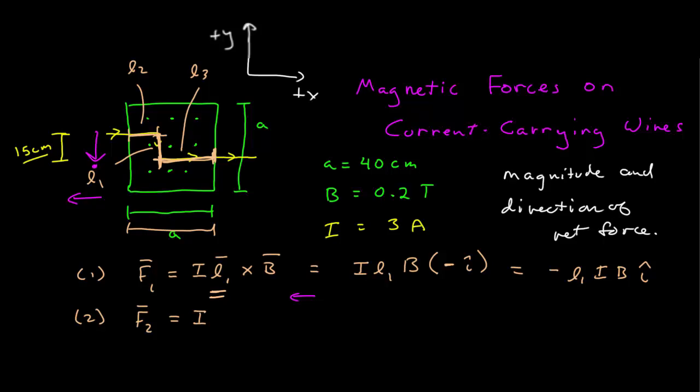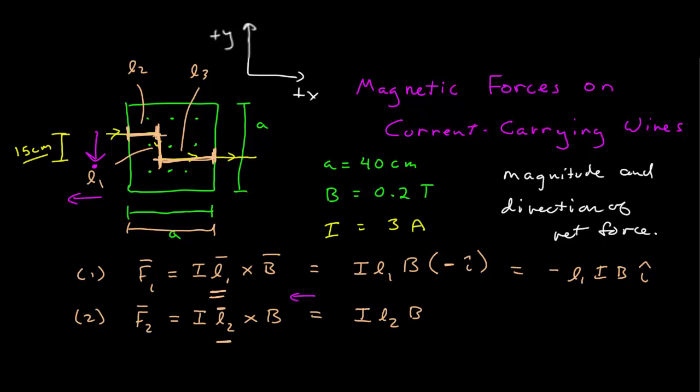So we have the force on this segment of current here up front, which is the current through it times that L2 vector cross the magnetic field. The L2 vector's magnitude is the length of the wire segment, and the direction is the direction of current flow. It's also perpendicular to the field, which is great. That just gives us the magnitudes. Now we need the direction, which is given by the right-hand rule.